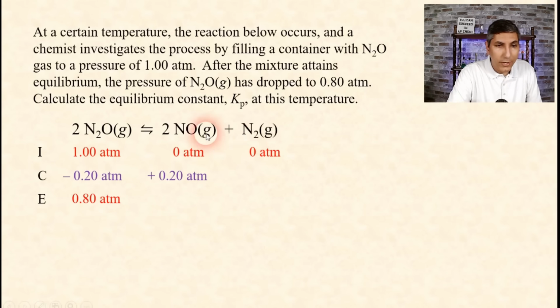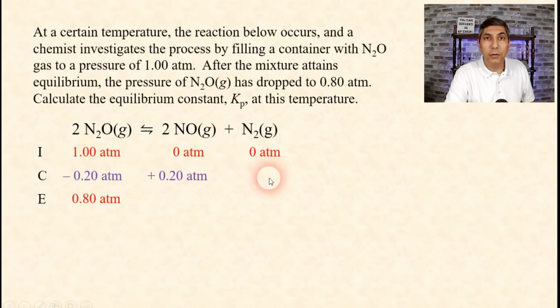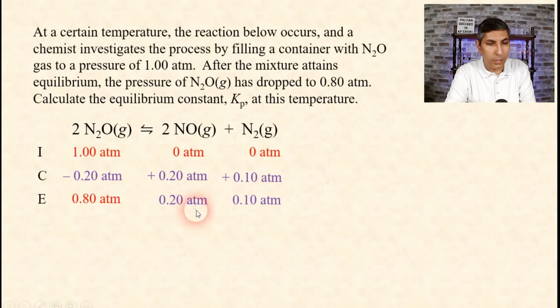Now N2, it's a 2 to 1 ratio. So that means that the N2 only goes up by half as much as the NO went up by. So if NO is a plus 0.20, N2 is going to have to be plus 0.10. So that tells us that our equilibrium pressures are going to be 0.20 for NO and 0.10 for N2.